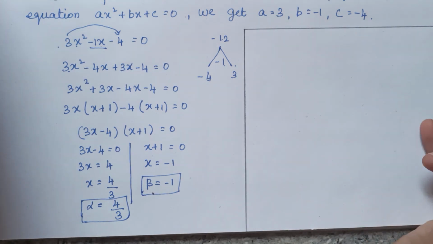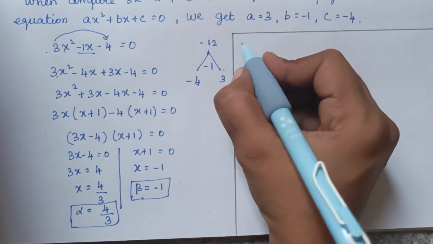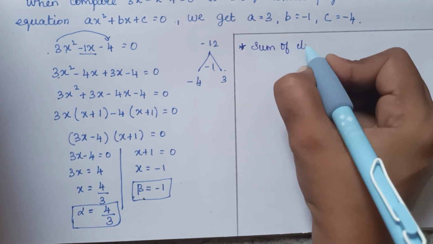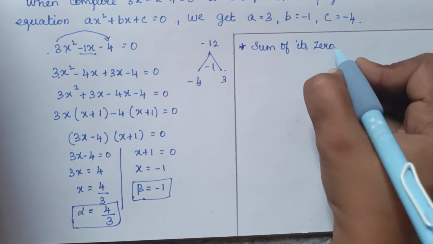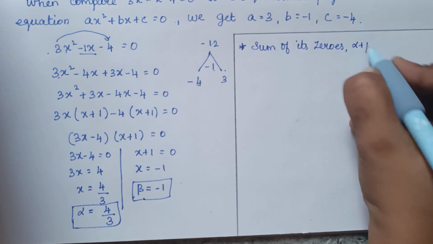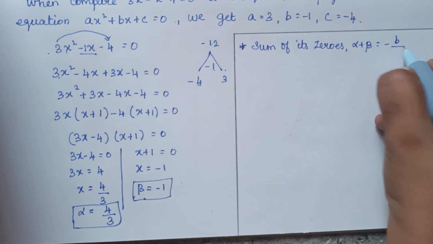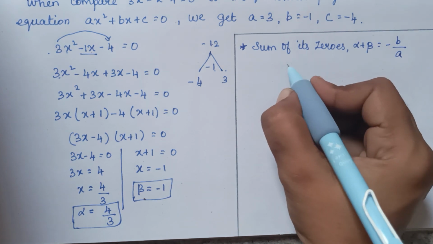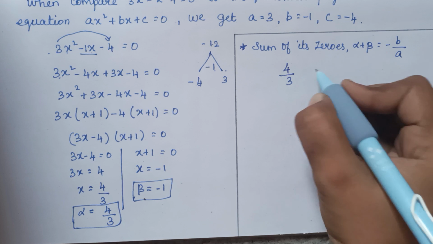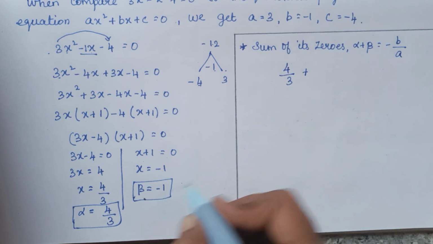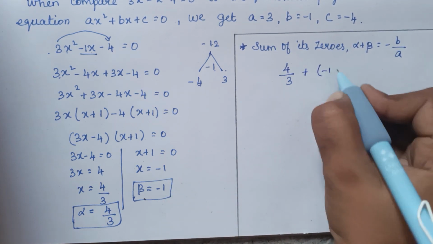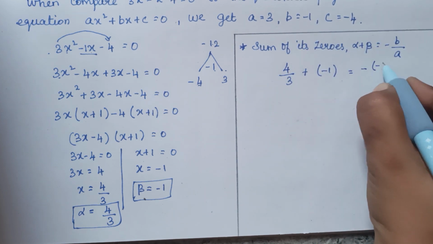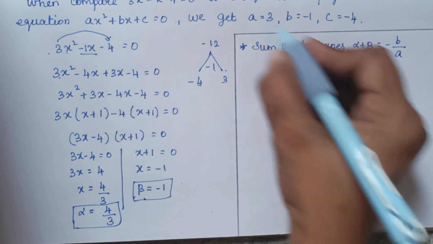Next we will verify the answer. So, sum of its zeros, that is alpha plus beta is equal to minus b by a. Okay, so now we know the value of alpha is 4 by 3 and plus beta is minus 1 is equal to minus b value, which is minus 1, by a value, which is 3.